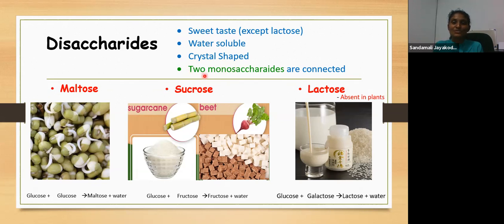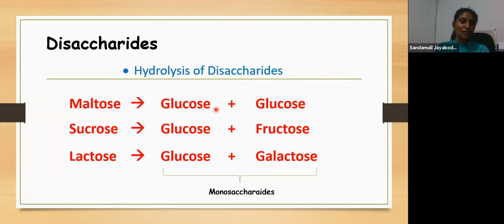As I mentioned earlier, two monosaccharides are connected to make disaccharides, as in this formula. Here, in this equation, you can see maltose, and it is made up of two glucose molecules. This process is called hydrolysis of disaccharides.